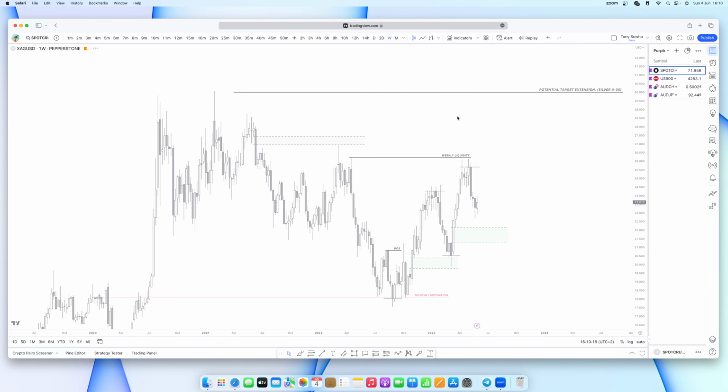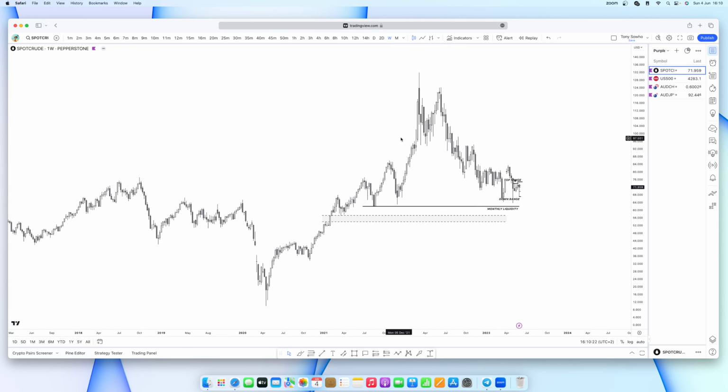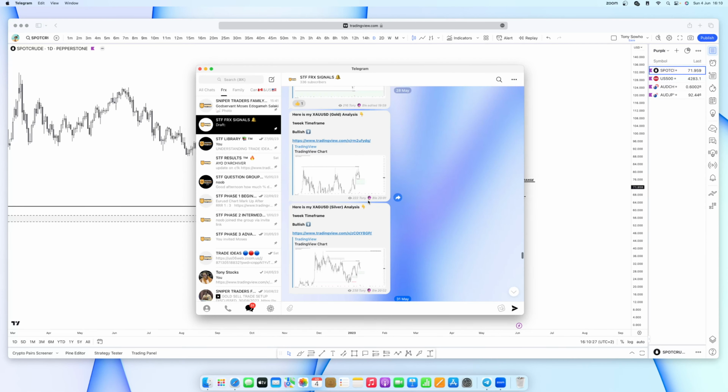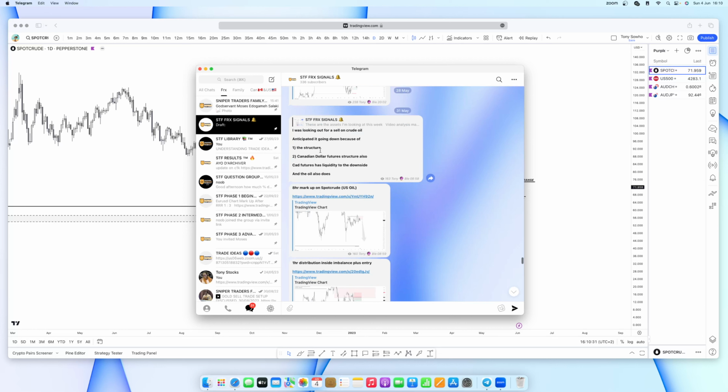And then for US oil, let me see the markup we had on US oil. So this was for gold. And then, okay, for US oil, like I said, I was looking out for a sell on crude oil, anticipating it going down because of one, structure, two, Canadian dollar futures structure also, and CAD futures has liquidity to the downside, and US oil does also, right?